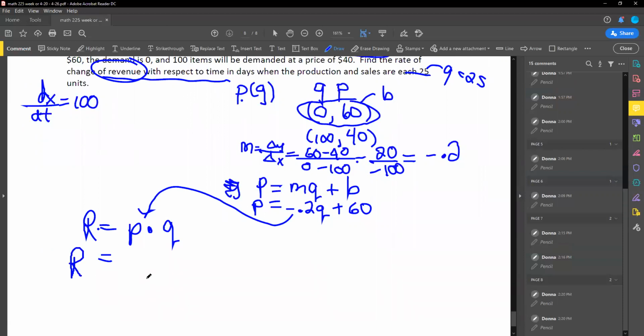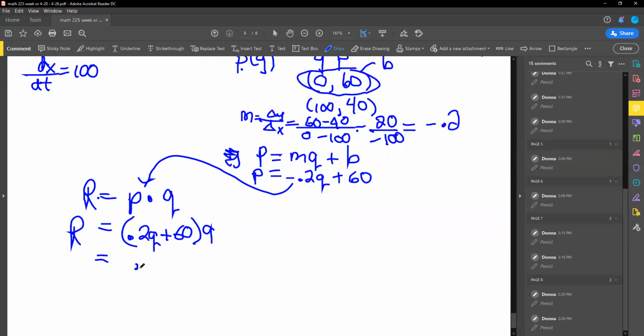So the revenue is negative 0.2 Q plus 60 times Q. I might as well multiply that out to make my derivative taking easy. So it's negative 0.2 Q squared plus 60Q. I am after dR/dt.